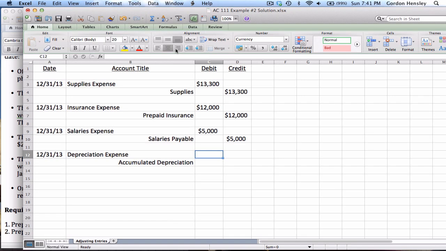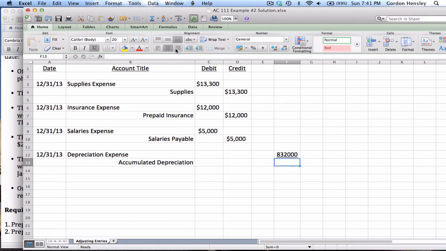So the formula for straight line is cost minus salvage divided by years. So I'm going to go off to the side and do this calculation. Now the cost of this equipment, they gave that information to me. It was $832,000. The salvage value was $22,000. That was also given to me.